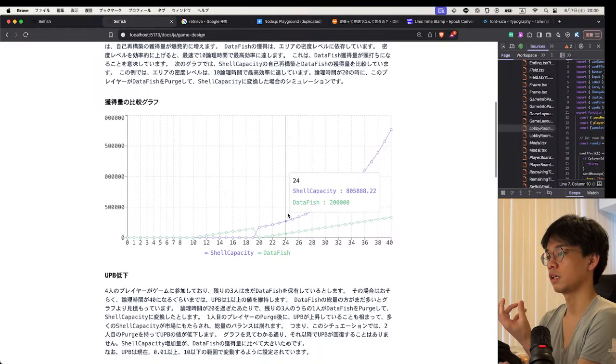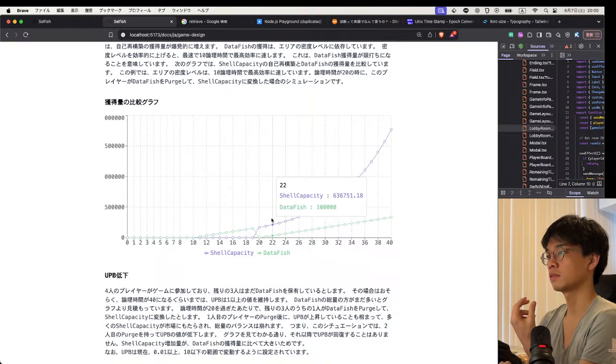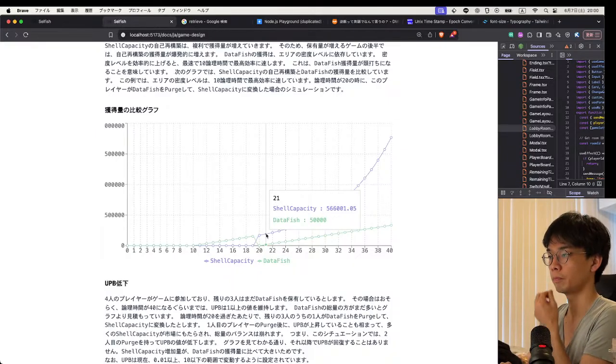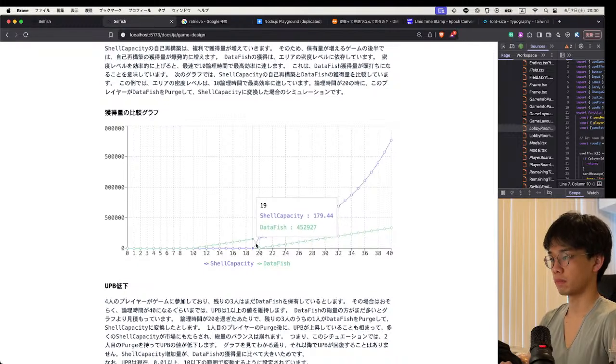So in this case, this player, the first player, exchanges data fish to shell capacity at the time.